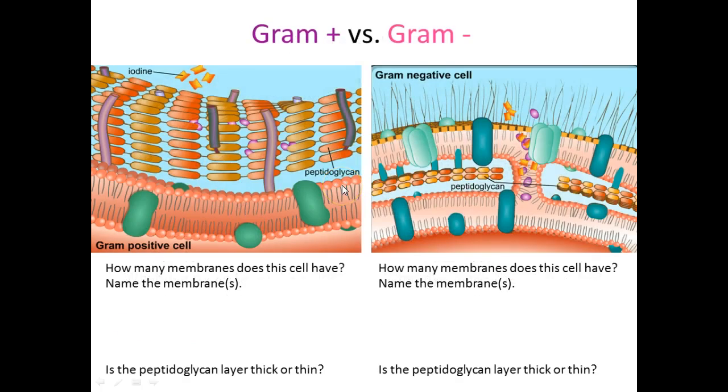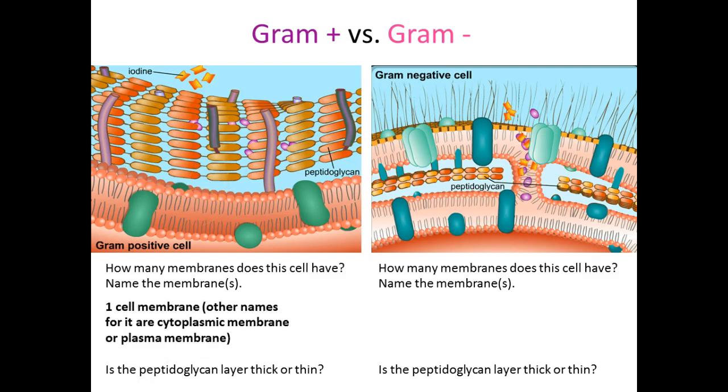Remember, cocci form lots of arrangements, and we'll go over those. So if we had the ability, which we don't, the gram stain gives us clues into this, based on how they respond to the steps of the procedure. The gram positives, which tend to have a very thick peptidoglycan layer that traps the stain in, only have one membrane, the cell membrane, which has multiple names in the literature: cytoplasmic membrane, plasma membrane.